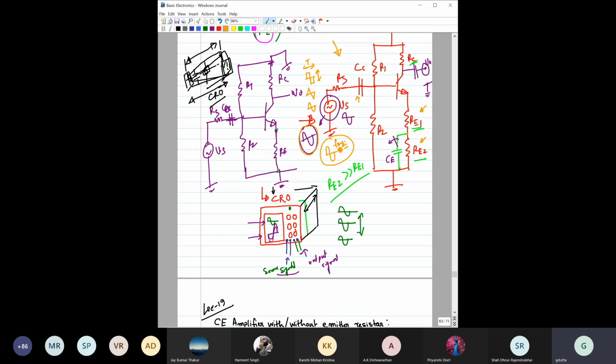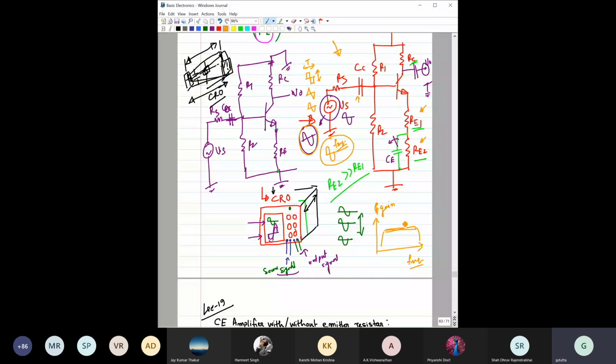For a certain range of frequency, you will see the gain is flat. If I plot gain versus frequency, we will see that in a certain region the gain is flat. But if you go to a very low frequency, the gain will fall, and if we go to a very high frequency, the gain will again fall down.